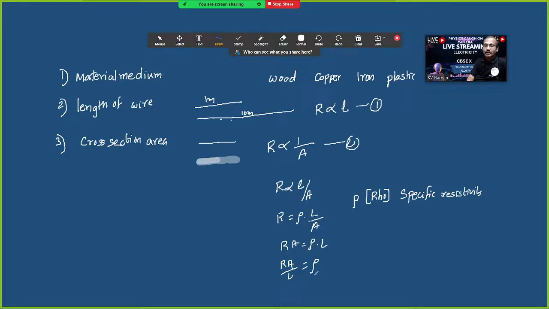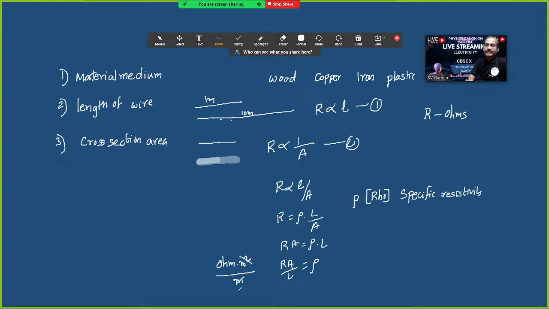What are the units of specific resistivity? Generally, the unit of resistance is ohms. What about the units of specific resistivity? We will find out. Resistance units are ohms, area units are meter square, length units are meters.